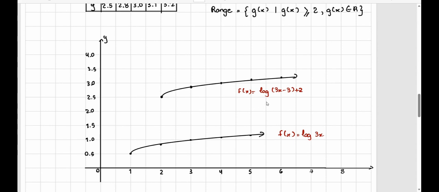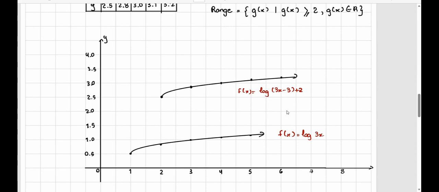But in this situation, there is a 3 restricting the values of x. So if you were to simplify this, it's going to be log 3 (x minus 1) plus 2. So my graph is only going to be shifted 1 unit to the right, because this is the same as log 3 (x minus 1), like I said before.